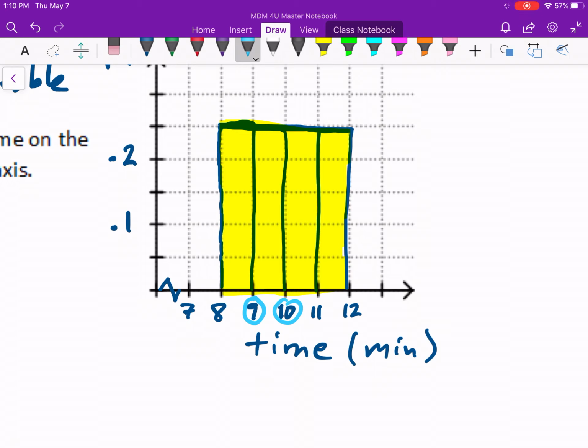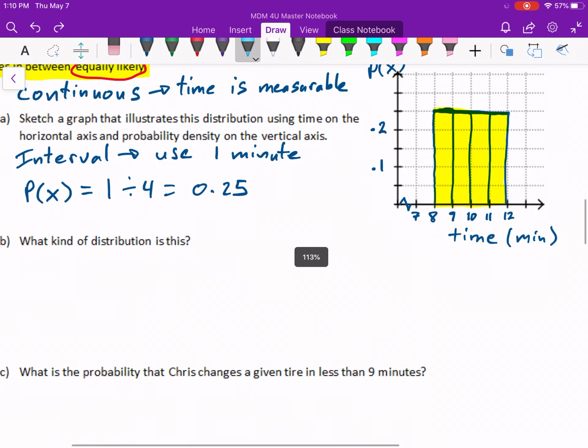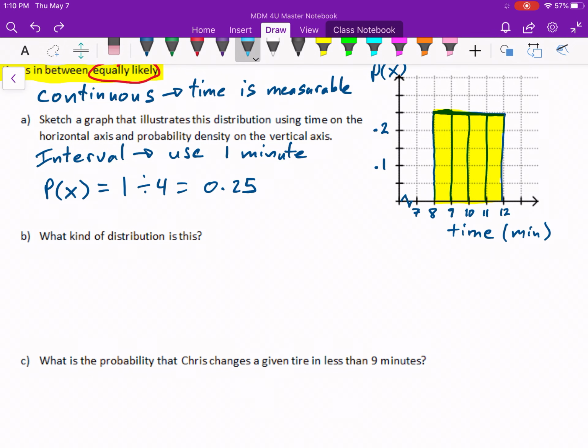That's why histograms have the bars pressed up against each other, to show that there shouldn't be any gaps in between. 8 to 9, 9 to 10, there's nothing in between those two. It just runs together. All right, what kind of distribution is this? I already said it's a uniform distribution.